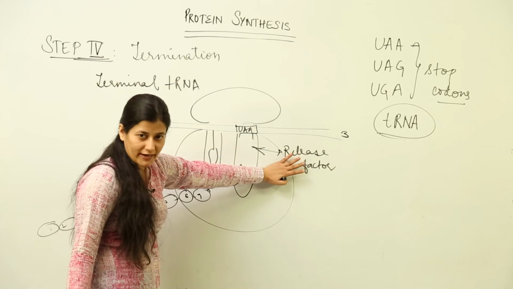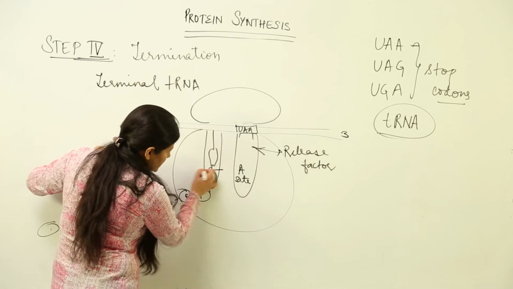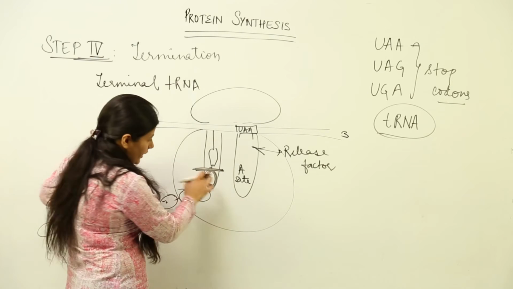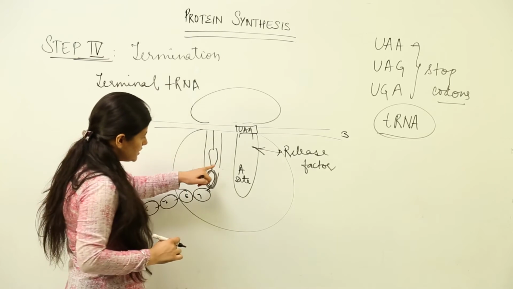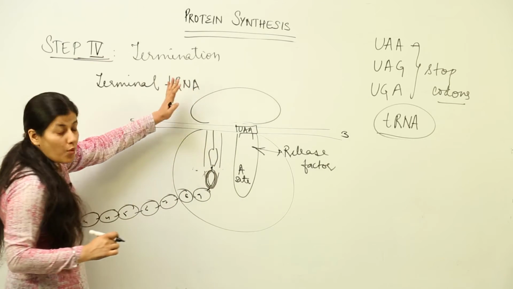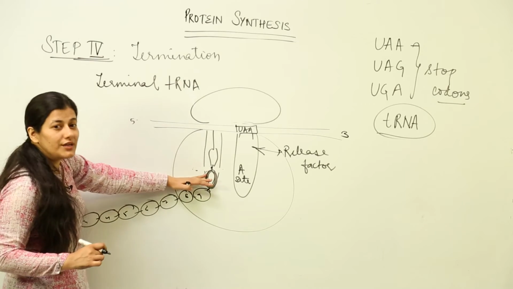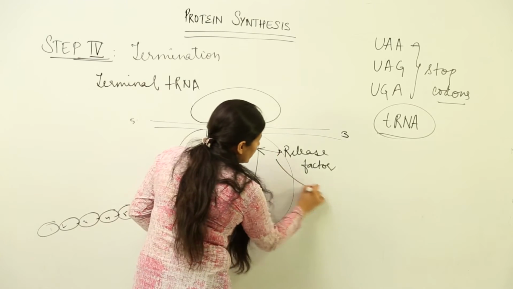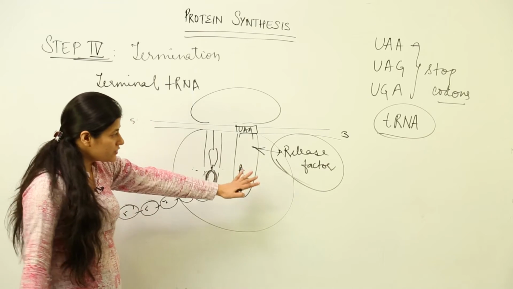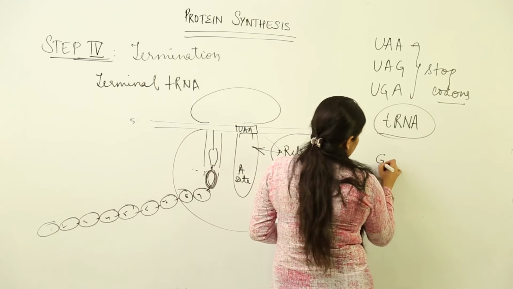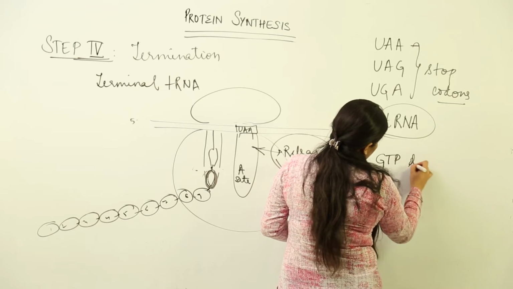What this release factor does is, it breaks the bond between tRNA and the last amino acid. The terminal tRNA's bond with its amino acid at the 3' end is broken down by the release factor. Okay, this release factor is GTP dependent.